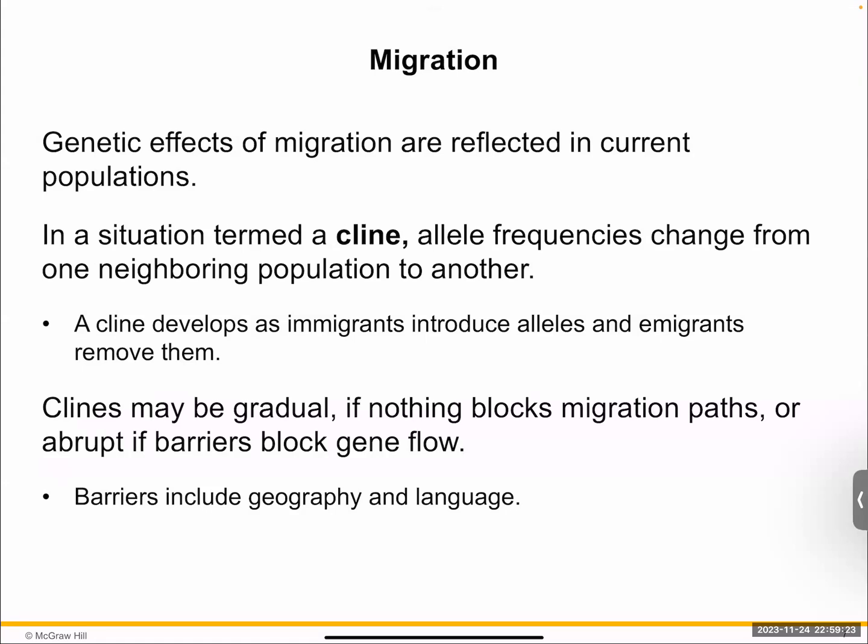Now, the genetic effects of migration are also reflected in the current population. We use the word cline for a situation where you literally have the frequency of the allele change in the specific population as these migration patterns take place. Again, you will have introduction of new alleles into the environment, and when people emigrate, you remove certain alleles that move away from that population. Typically, this is not a very fast change.